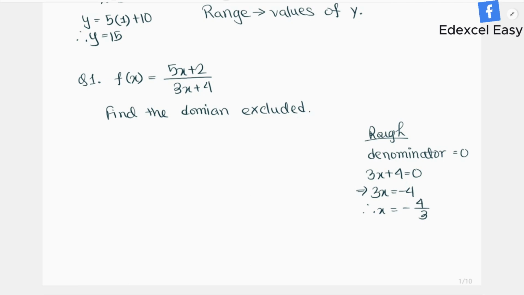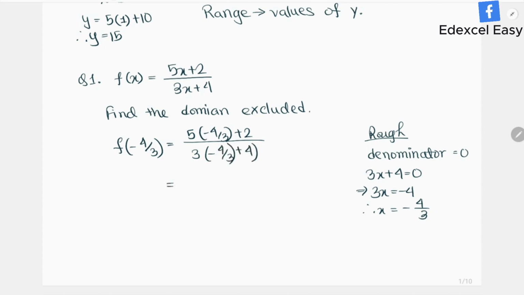And how can you prove that? You prove that in your mathematical part. That is, you start by writing f of minus 4 by 3. You input the value of minus 4 by 3, not 3 by 4, so 5 times minus 4 by 3 plus 2, over 3 times minus 4 by 3 plus 4.